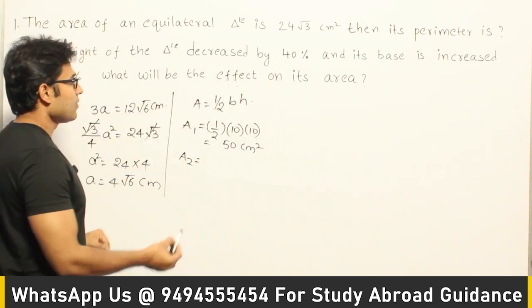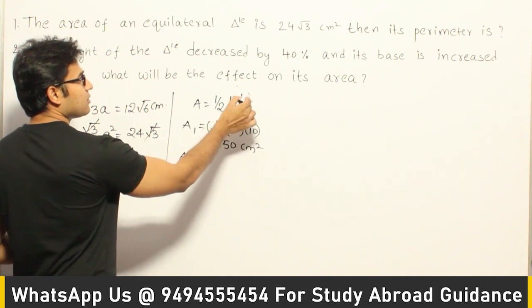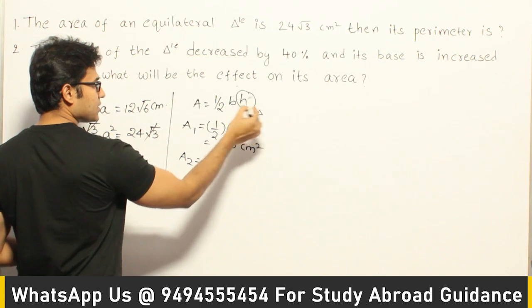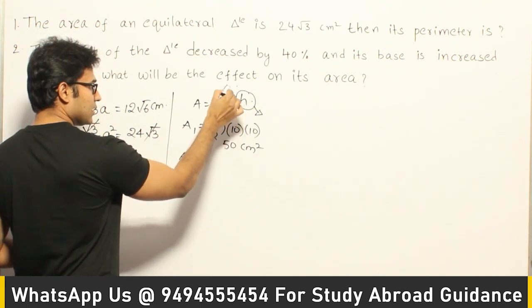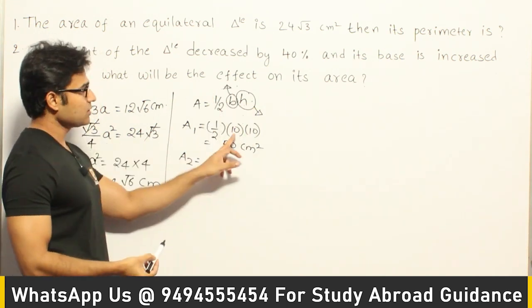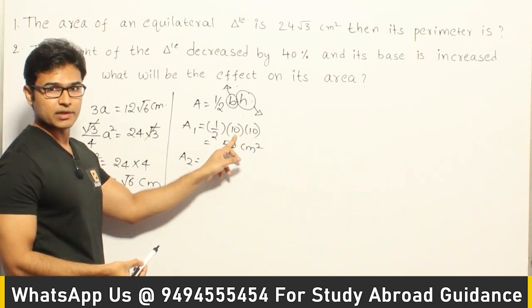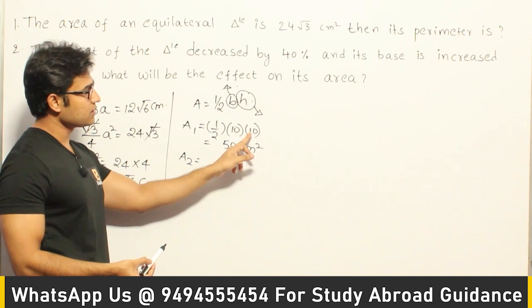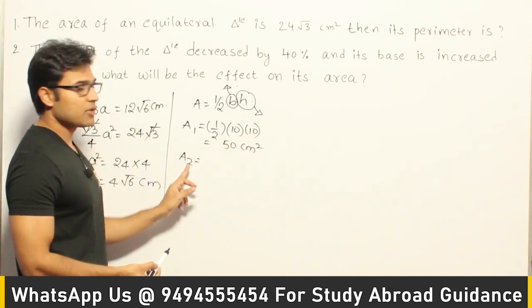So what is 40% of 10? 4, isn't it? Therefore you have to increase this one by 4 and you have to decrease this one by 4.